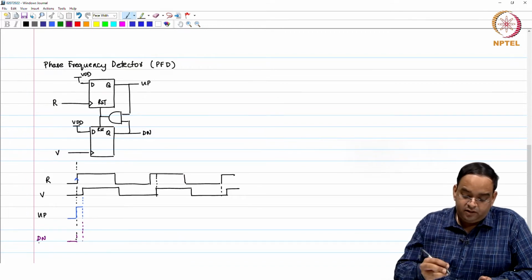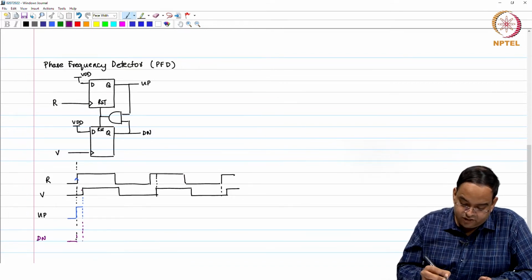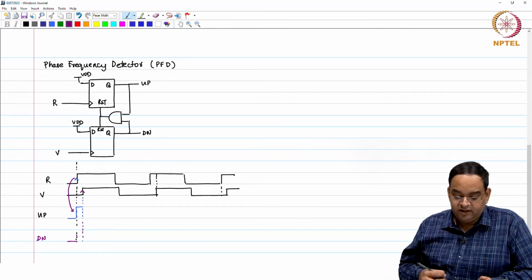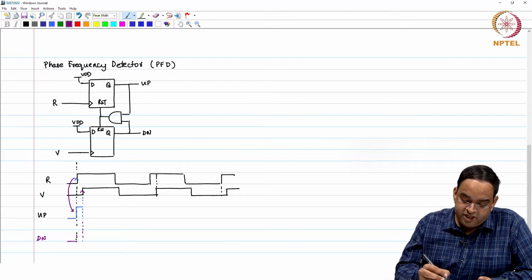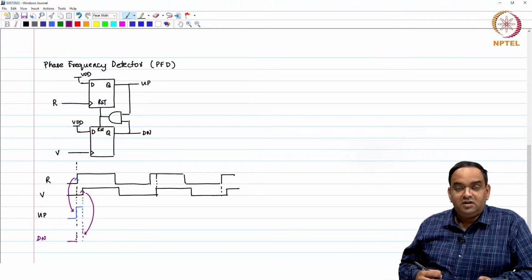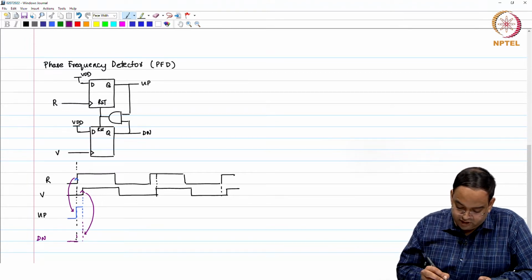Then when you get a rising edge on V, so rising edge on R makes my up signal go high, rising edge on V triggers a rising edge on the down signal.